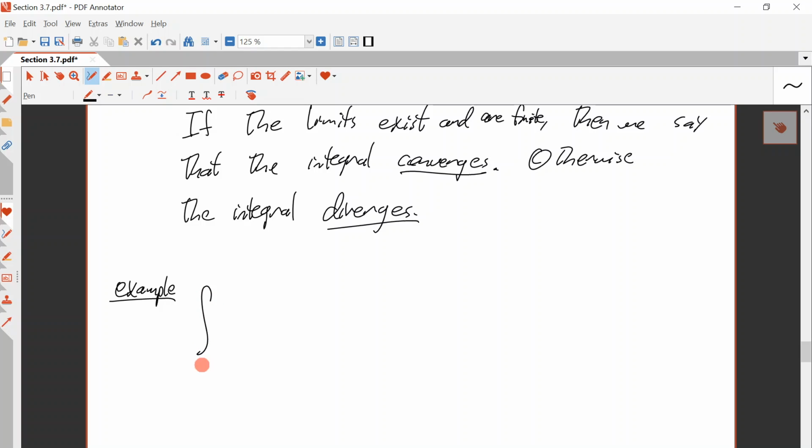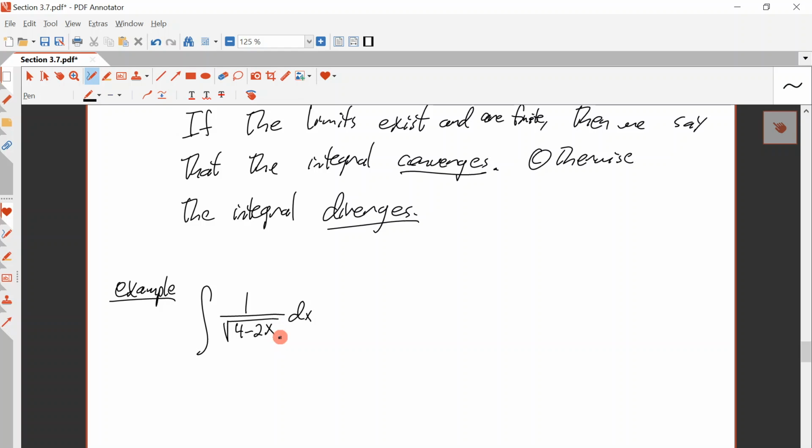The integral of 1 over the square root of 4 minus 2x. So this one's fine everywhere that this is positive, right?